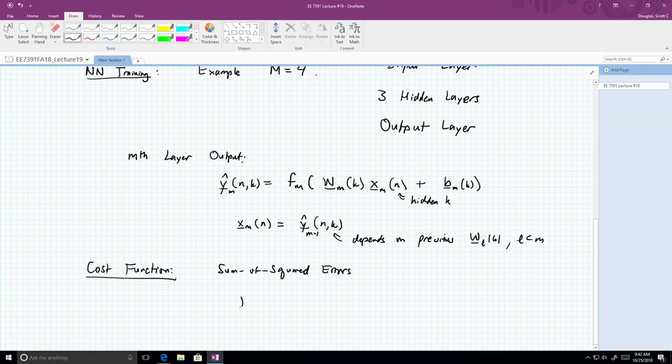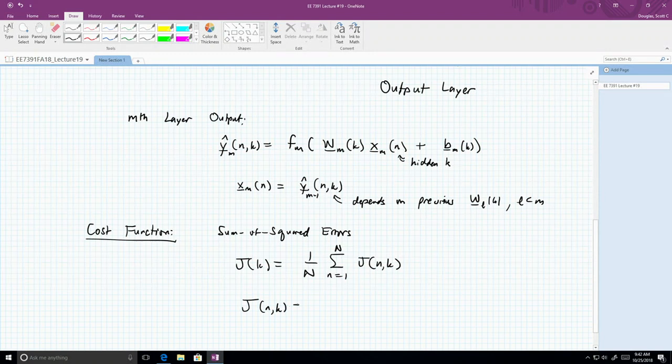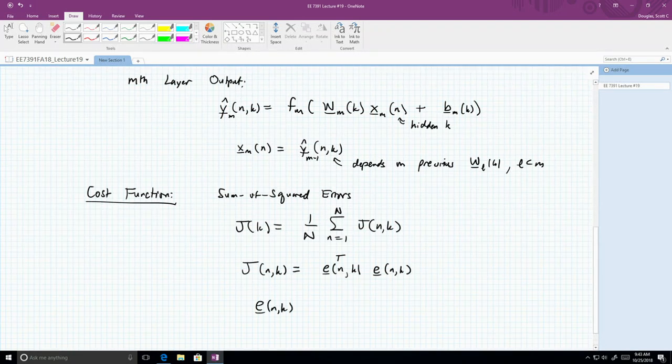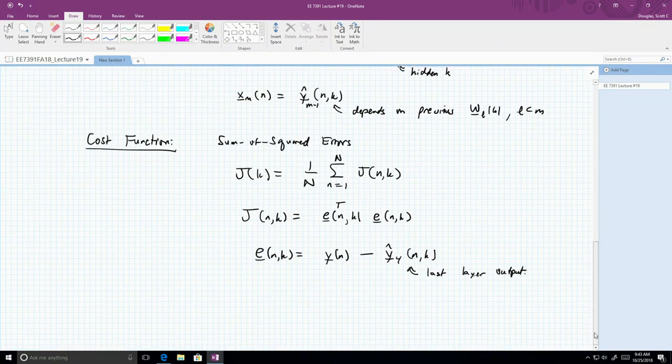The sum of squared errors, of course, is J of k equal to the sum over n from 1 to capital N, where capital N is the number of patterns, of J of n, k, where the individual J of n, k is E of n, k transposed times E of n, k, where E is just y of n, the desired or training signal, minus y4 hat of n, k, which of course is the last layer output. So that's the resulting cost.